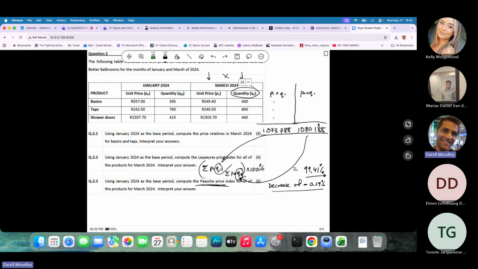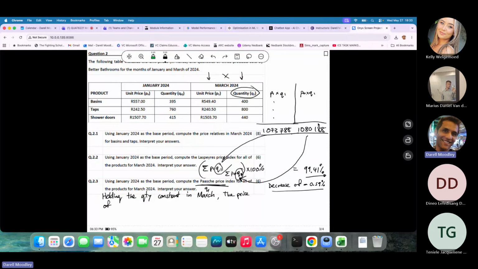So your interpretation would be holding the quantity constant in March. So you notice I didn't put Q1, even though I know it's Q1, but I'm showing that I know what Q1 represents.